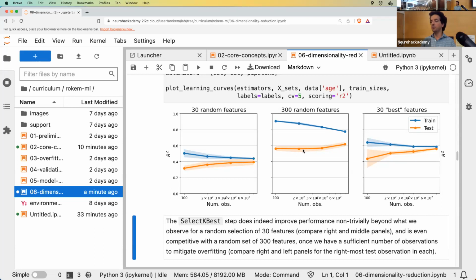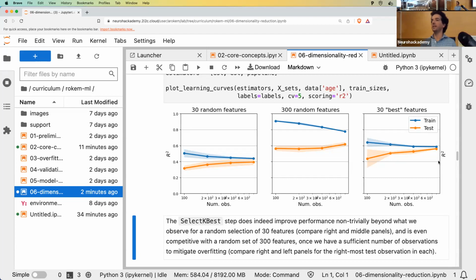The important thing to notice here is that you can choose 300 random features, and that performs pretty well, 0.6, or you can select the 30 best features, and that performs almost as well as selecting 300 random features. So you can cleverly choose features that are correlated with your target, and do almost as well as if you chose an order of magnitude more features randomly. And if you choose 30 random features, you're down here, much worse.